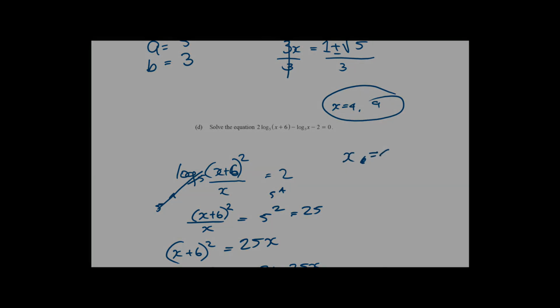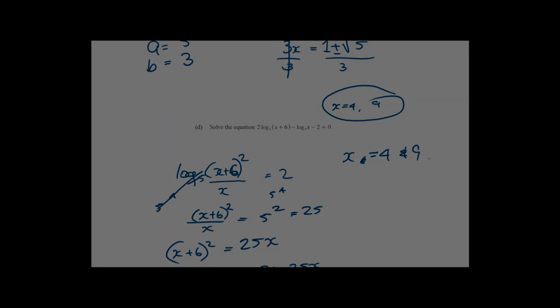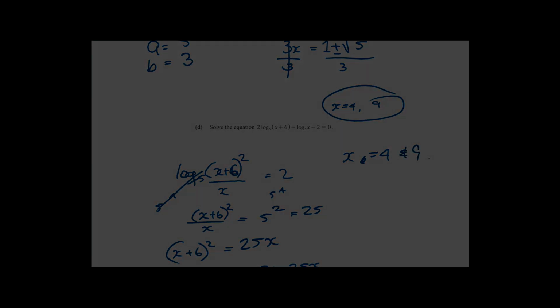Log 5 of 10, that's a valid number. Log 5 of 4, that's a valid number. Log 5 of 15, that's 9 plus 6, is a valid number. So both of these are valid numbers. So x must equal 4 and 9.